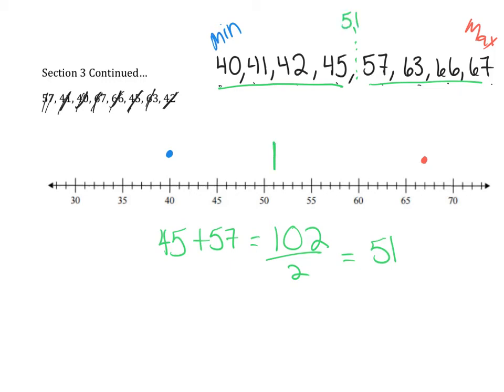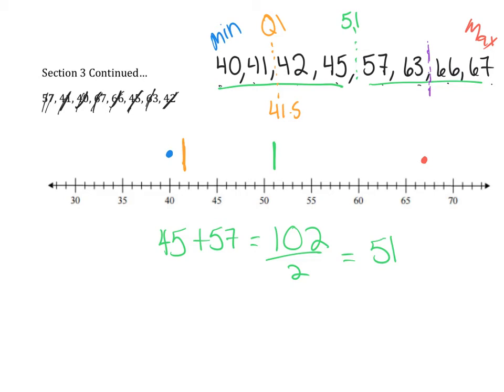So I'm going to draw a line for that. I'm trying to color code to help. And then my lower Q1 is going to be 41.5. This is my Q1. So 41 and a half is going to be kind of in the middle there. And then we have our upper quartile, which is going to fall right in between 63 and 66.